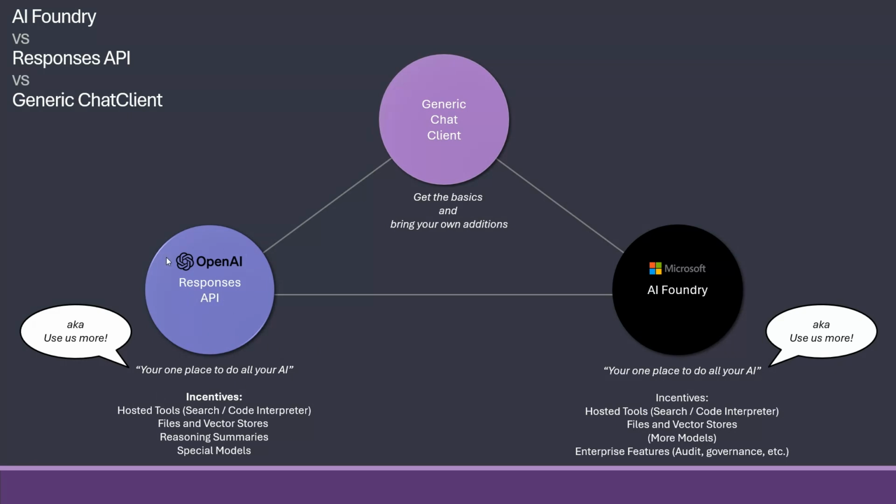And if you go that way, you're going to use OpenAI more. It's your one place to do everything, and it gives some incentives like extra hosted tools, files and vector stores, and a few specific things that are only available in the Responses API, like reasoning summaries and spatial models.